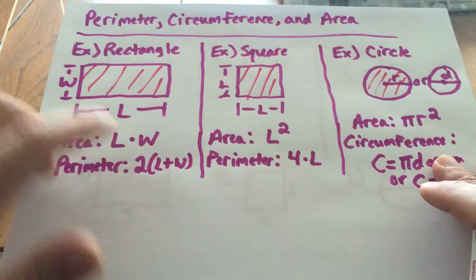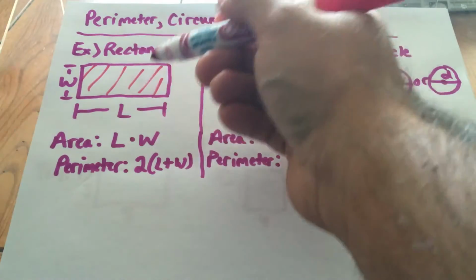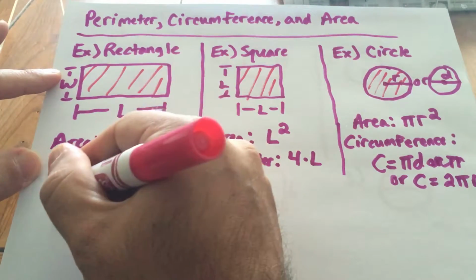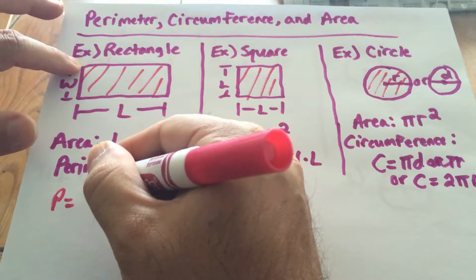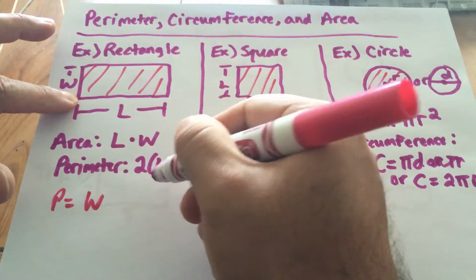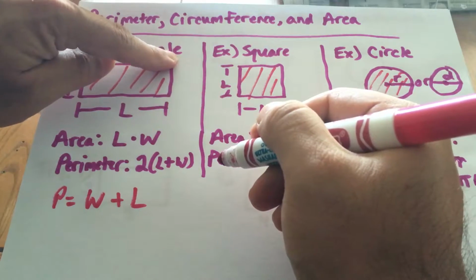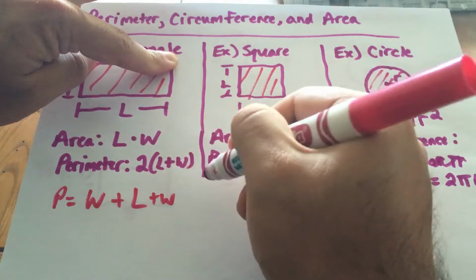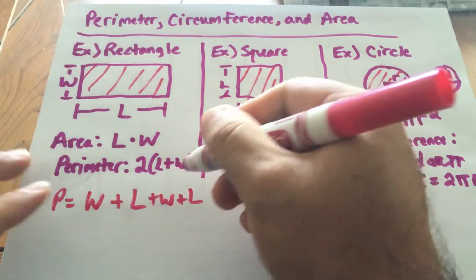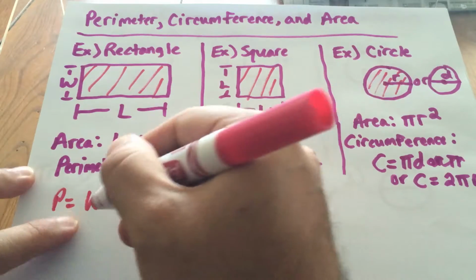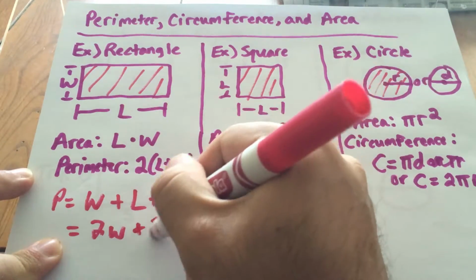To find the perimeter, we add up all the sides. I have this formula down here, but where it came from is basically, to find the perimeter, we'll call it P, we're adding up the sides. So we start here and we walk around the shape. We go length W, then we walk across length L, but to get back, we have to go back up another W. And then to get back to where we started, we'll walk another L. So if we add up and collect these like terms, we have 2W plus 2L.